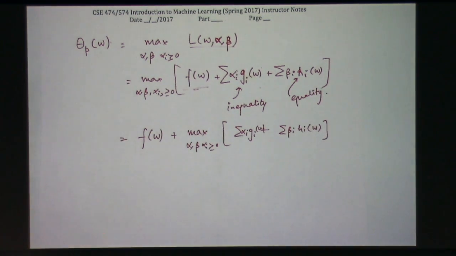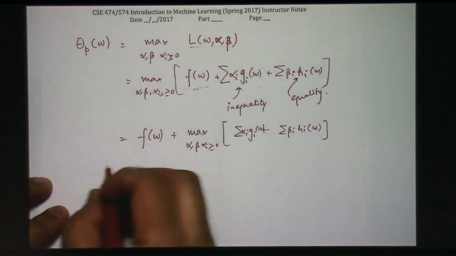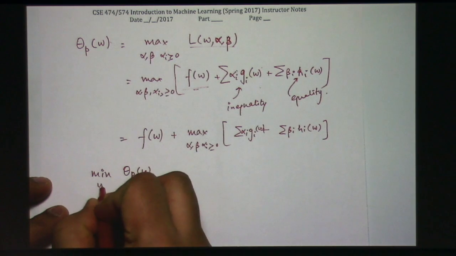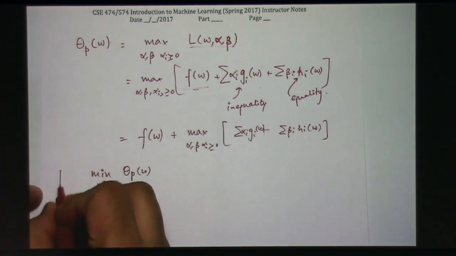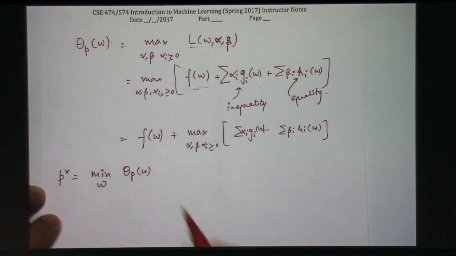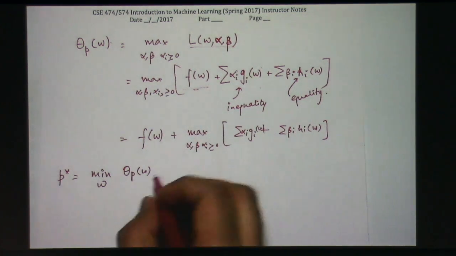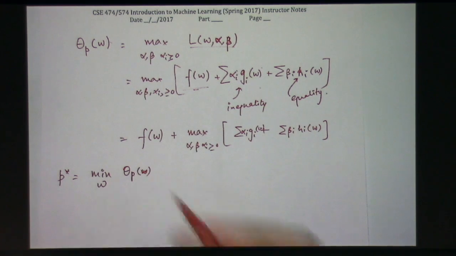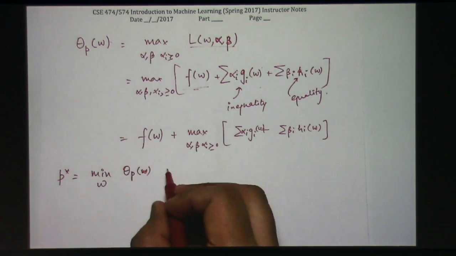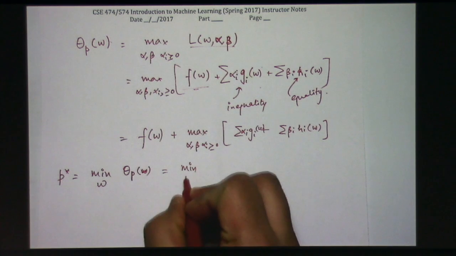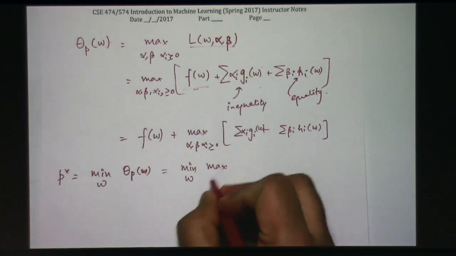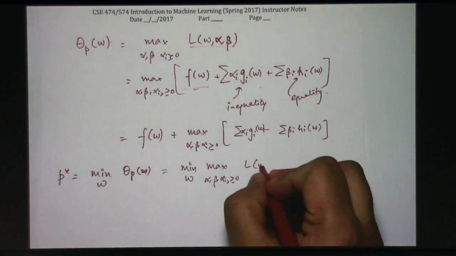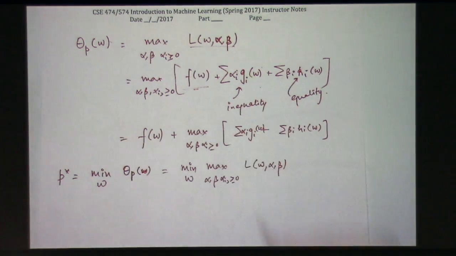Now if we want to find the min of theta p of W over all W, and I define that as P star, the value of this function that you get by finding the minimum W is nothing but min over all W, max over all alpha beta, of L of W alpha beta, because that's how we defined our theta p.